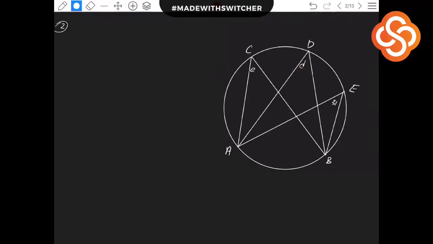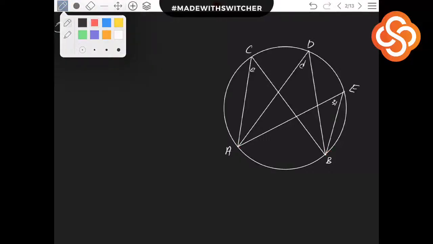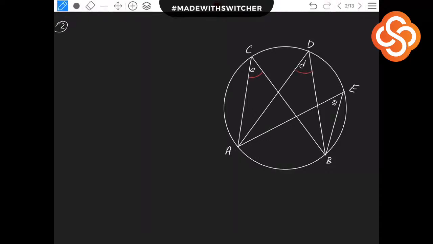If you can see here, these angles are subtended from chord, or not a chord, but from arc AB. All these 3 angles, because we have 3 angles here. Let me show you. We have this angle, that angle, and that angle. All these 3 angles are subtended from this arc. So you see this arc here, all of them are subtended from that arc. So now this simply means that we're going to have to apply that theorem.